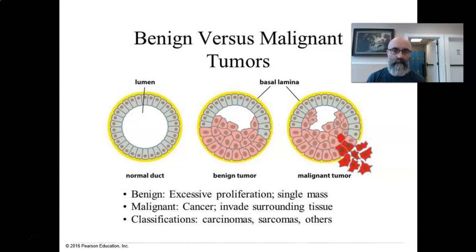Excessive proliferation means production or making more of something. And so there's too much proliferation, but yet the cells remain in one single mass. Now, further mutations affect the cell cycle control system, and this is a new idea: it's not just one mutation that causes cancer.